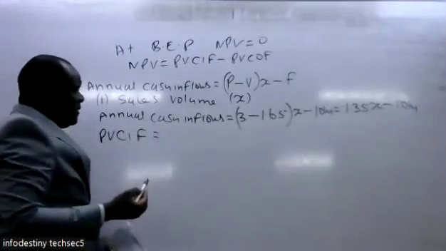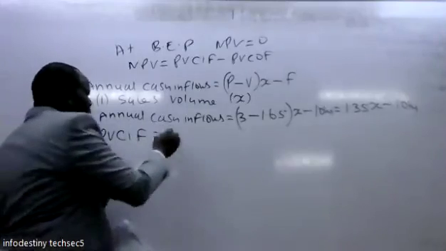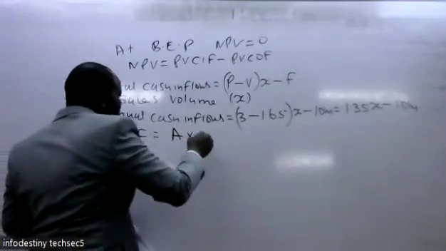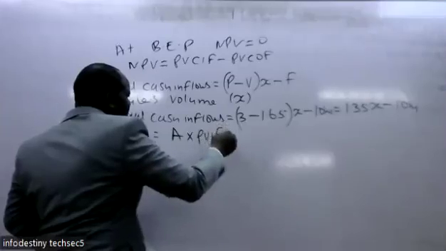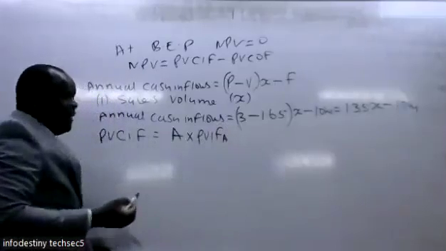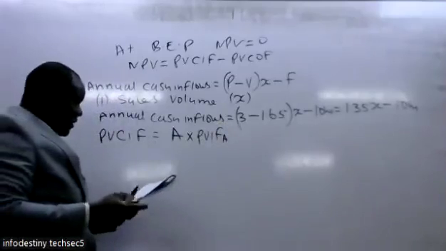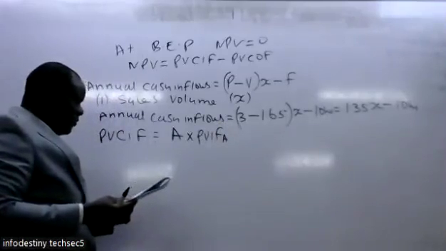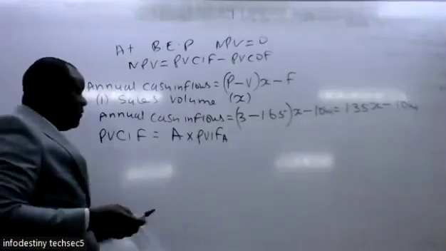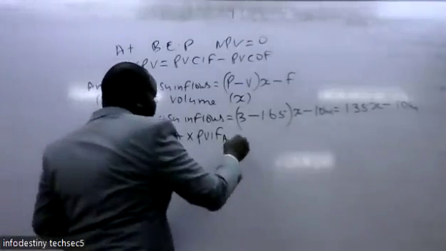So we compute now the present value of the cash inflows. To get it, it is the annuity multiplied by the present value interest factor for the annuity. The cost of capital was given as 12%, and the project was for 5 years.